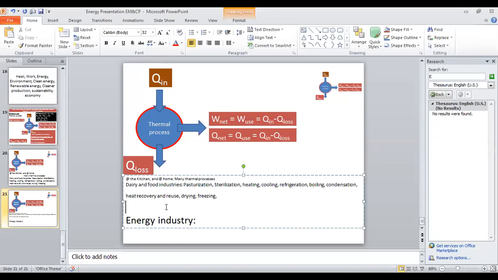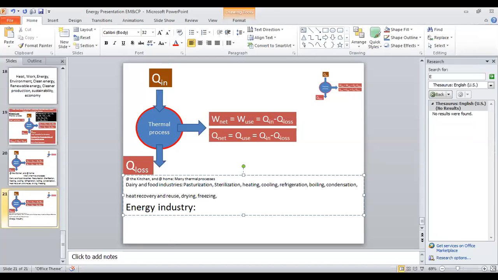Ministry of Power and Energy. Different applications, but all thermal applications.